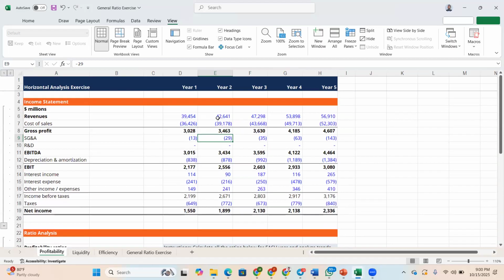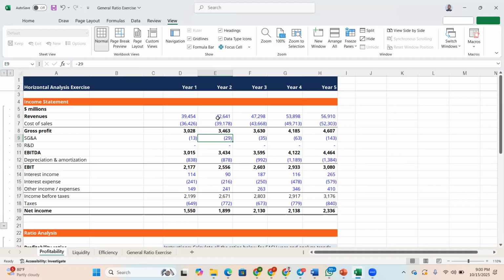If you are increasing revenue and your costs are increasing at a higher proportion, then you are not doing well. That is what the profitability margin is talking about: we are checking the proportion of the revenue increase against the proportion of the cost increase.